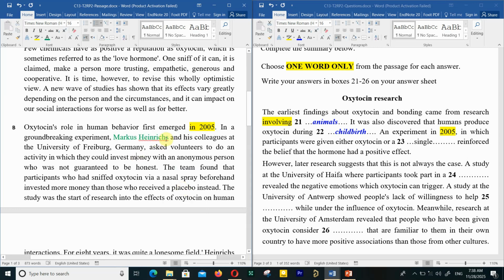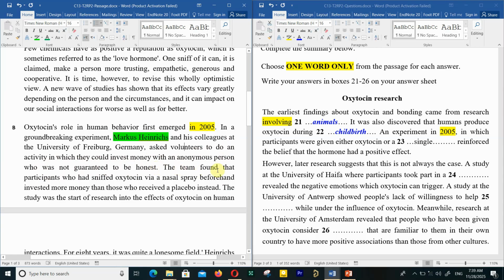Okay, so I'm going to make it clear for myself for later on. Asked volunteers to do an activity in which they could invest money with an anonymous person who was not guaranteed to be honest.